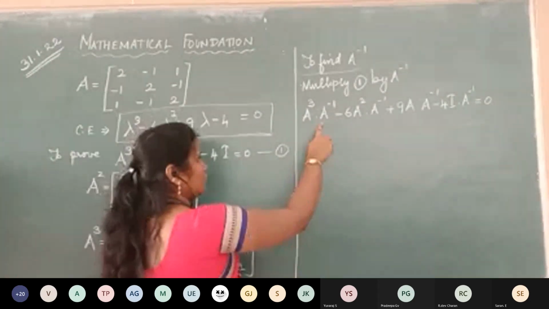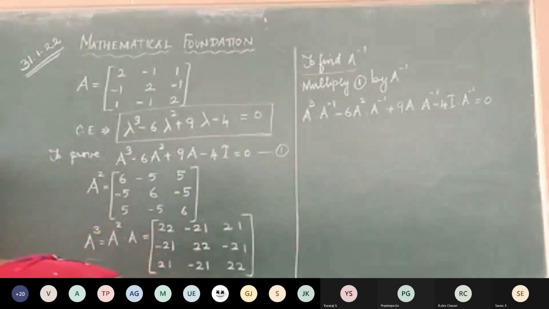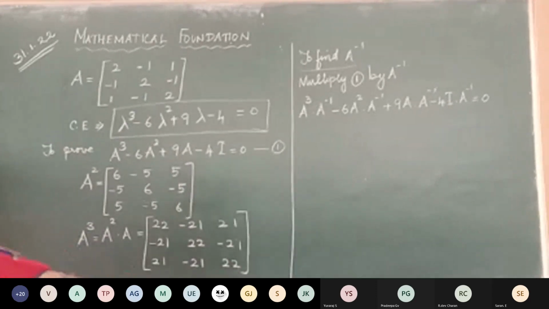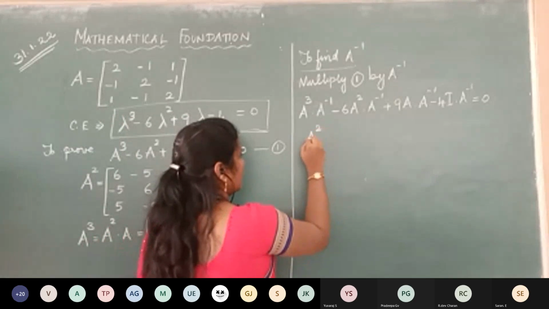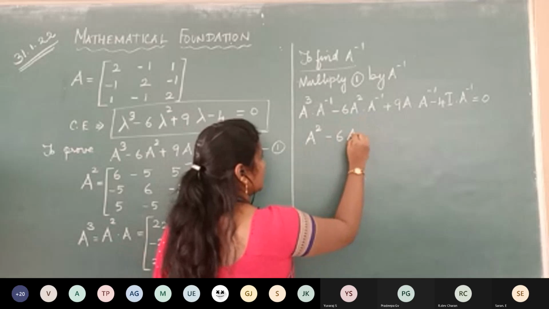Now I'm multiplying by A inverse, which is nothing but 1 by A. When you multiply it with A cube, that will become A square. Here, 6A square into A inverse will become minus 6A.